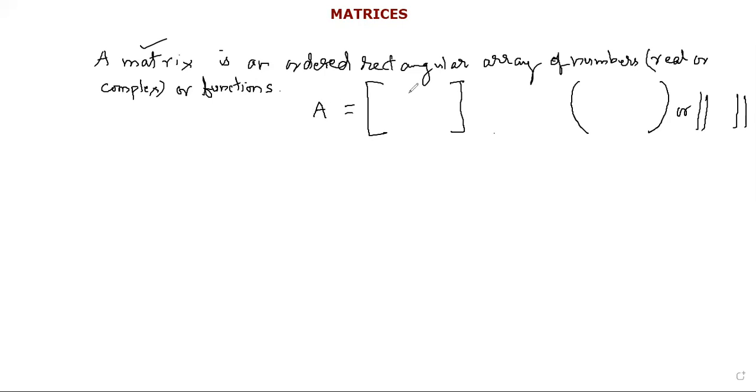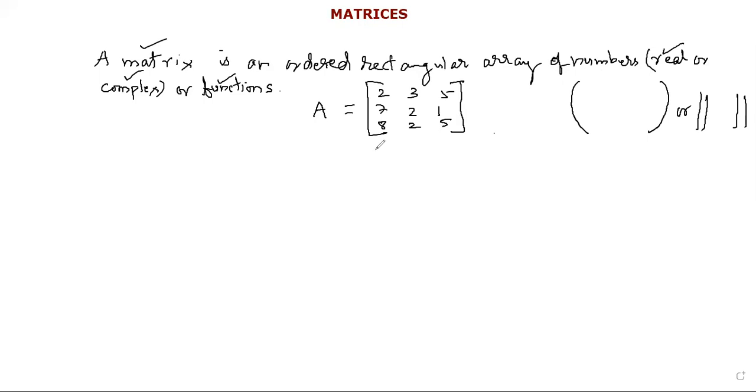Okay, and inside this, it can be the real numbers, it can be the complex numbers, it can be the functions. Like suppose 2, 3, 5, 7, 2, 1, 8, 2, 5.